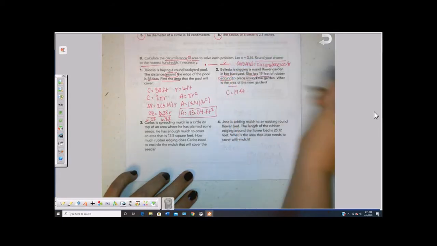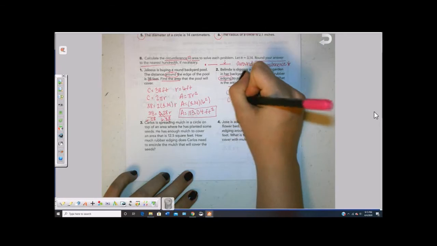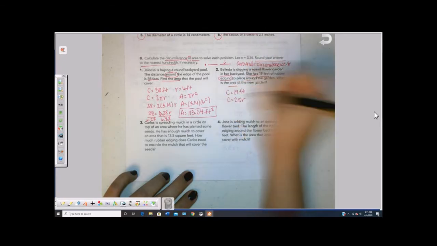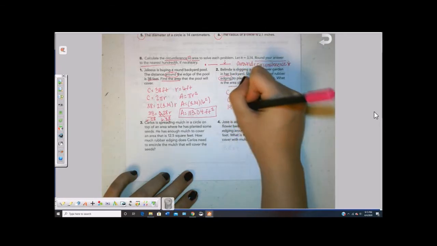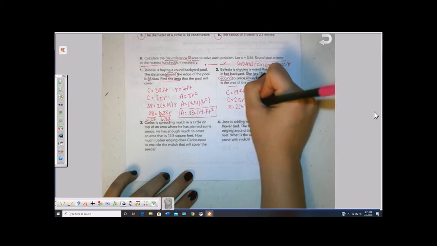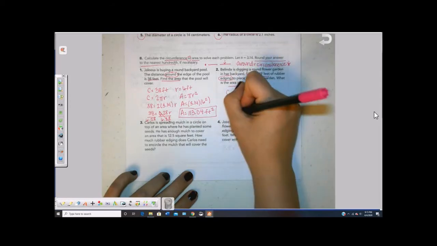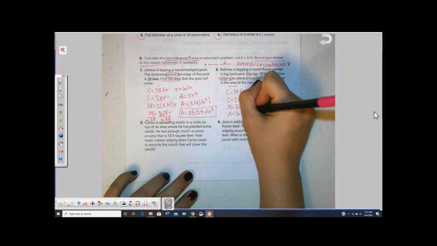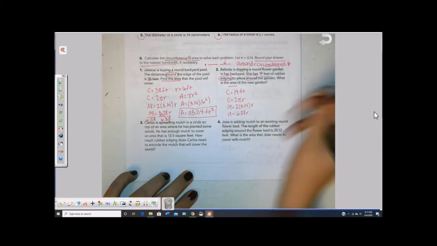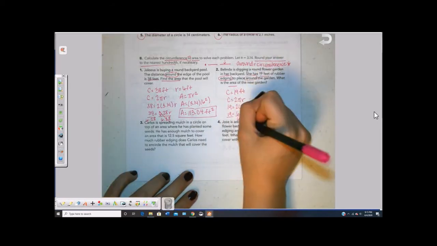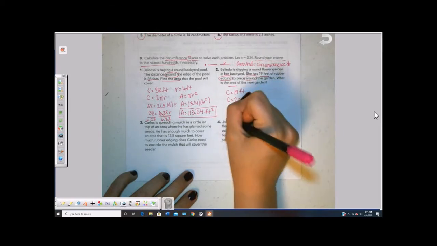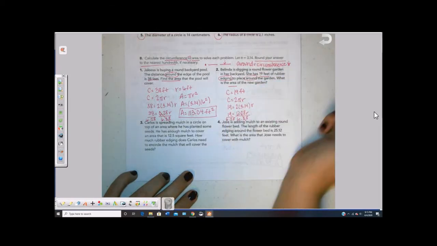And since again, we're trying to find area, we're going to use C equals 2 pi r. So we're going to have 19 equals 2 times 3.14 r. And again, same thing. 19 equals 6.28 r. Divide each side by 6.28 to get r by itself.